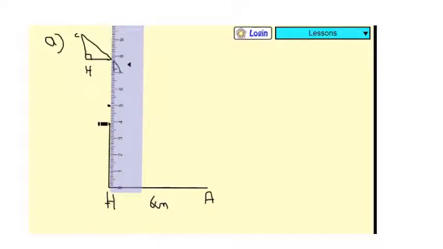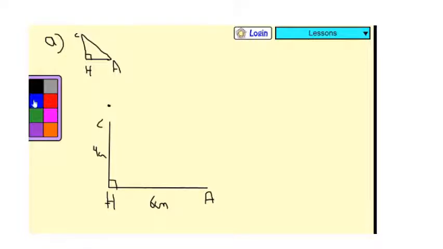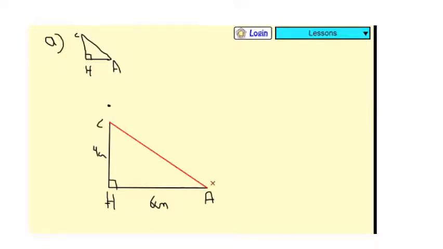Just mark 4 centimeters. Why? Because CH is 4 centimeters. Here I have a right angle. Here it's 4 centimeters, and we join C with A. Now we have right triangle CHA.